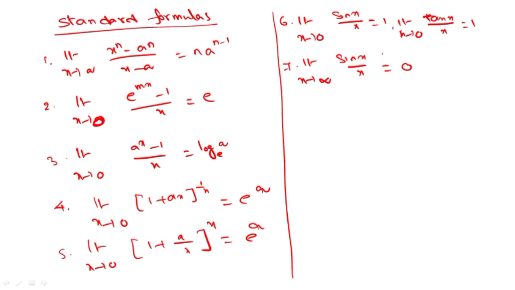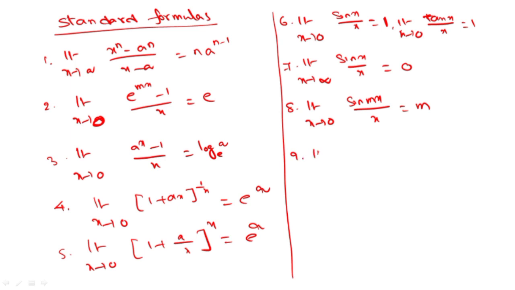Whenever it is infinity it is 0, whenever it is 0 it is 1. Now, limit x tends to 0, sin mx by x is m.